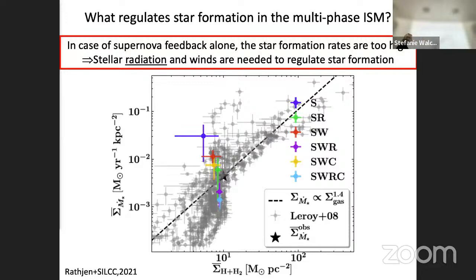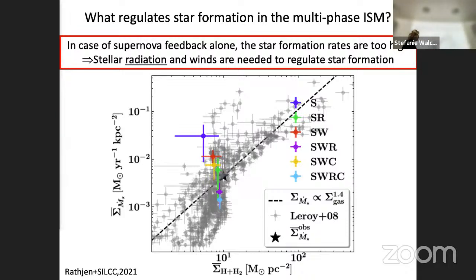And what you can see is that if you have only supernova feedback, your star formation rate is way too high. You just simply accrete too much mass into sink particles. There's no feedback stopping it initially. So the feedback acts too late in order to regulate the star formation down to the observed level.